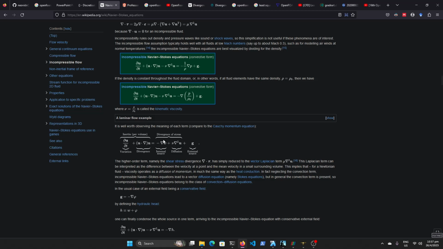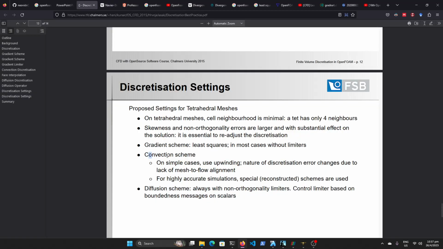So this one talks about advection. How is momentum carried, or how is some scalar carried. If instead of talking about momentum transport, you talk about heat transport, then you'll be carrying around enthalpy and stuff. So this divergence term is basically advection. So this is the convection scheme here.